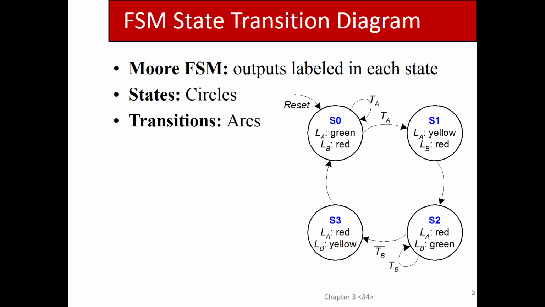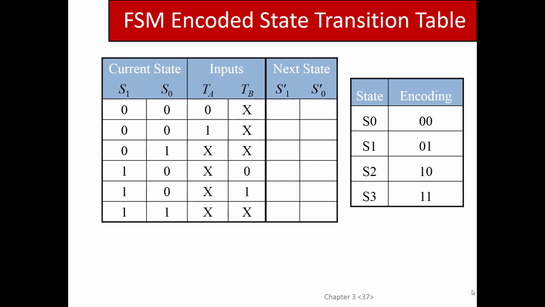But the other ones, it's whatever you want, however you want to assign them. So in this case, we've got state 1 is 0, 1, state 2 is 1, 0, and state 3 is 1, 1, which makes sense, right? Because that's just a binary version of the numbers there.